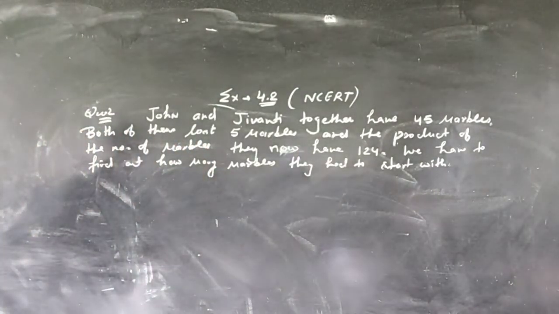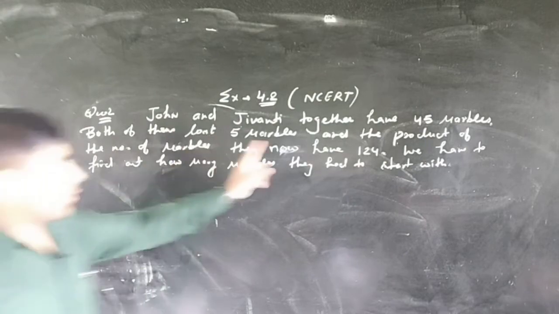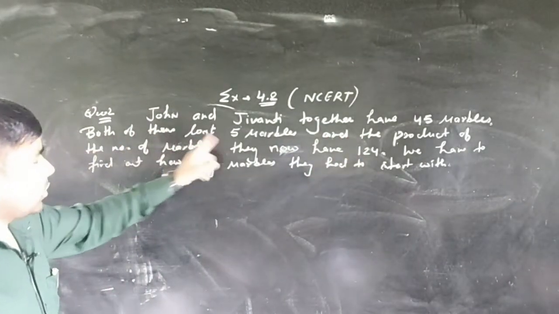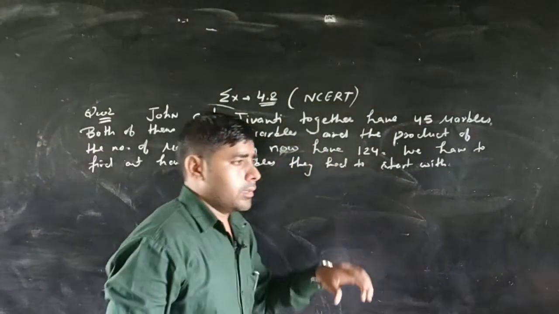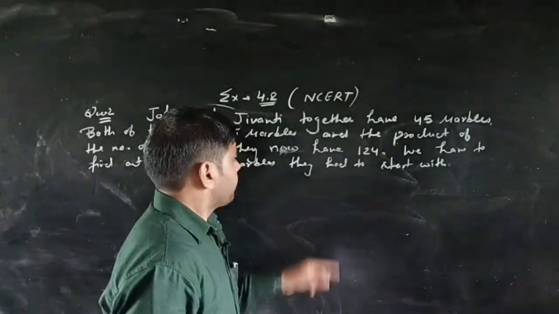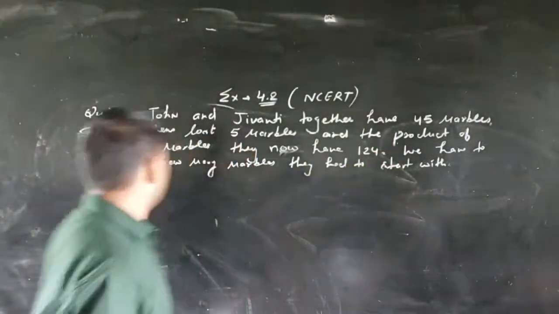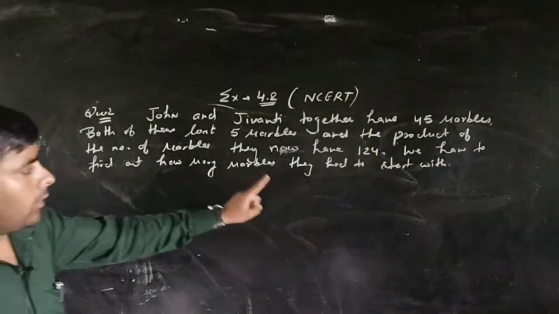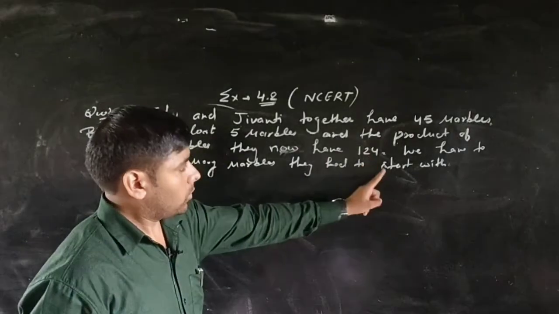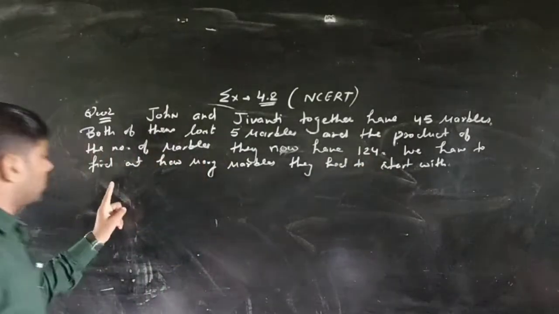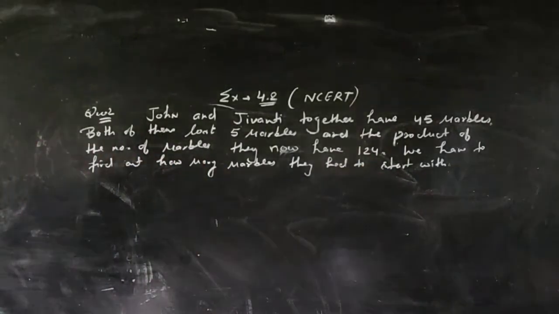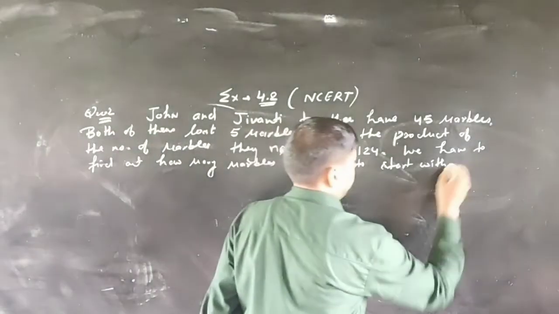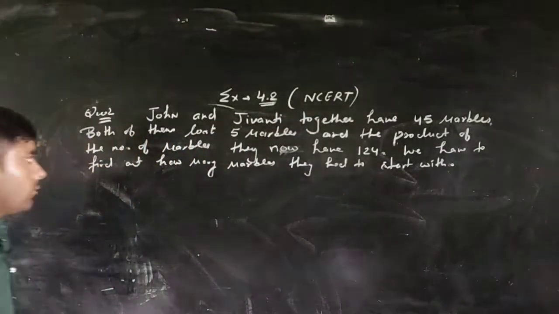This is the question: John and Jivanti together have 45 marbles. Both of them lost 5 marbles while playing, and the product of the number of marbles they now have is 124. We have to find out how many marbles they had to start with.